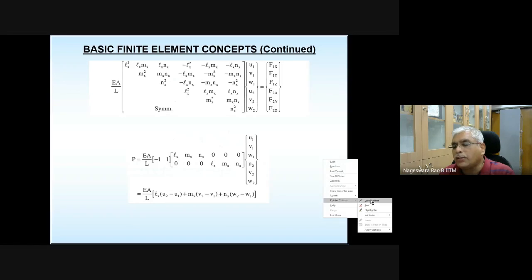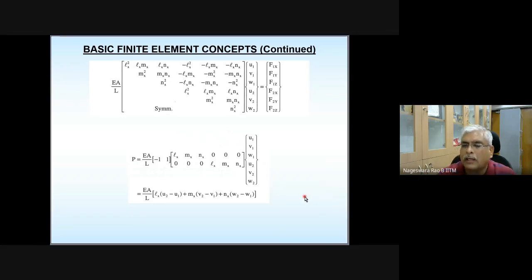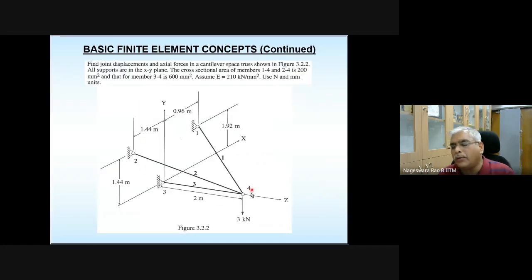And here also you should be intelligent in numbering the nodes. So here a 3D truss example is given. Even here only for the illustration purpose, only 3 elements are shown. But if you have n number of elements which are all connected to a common point, except the common point, all other nodes' displacements are 0.